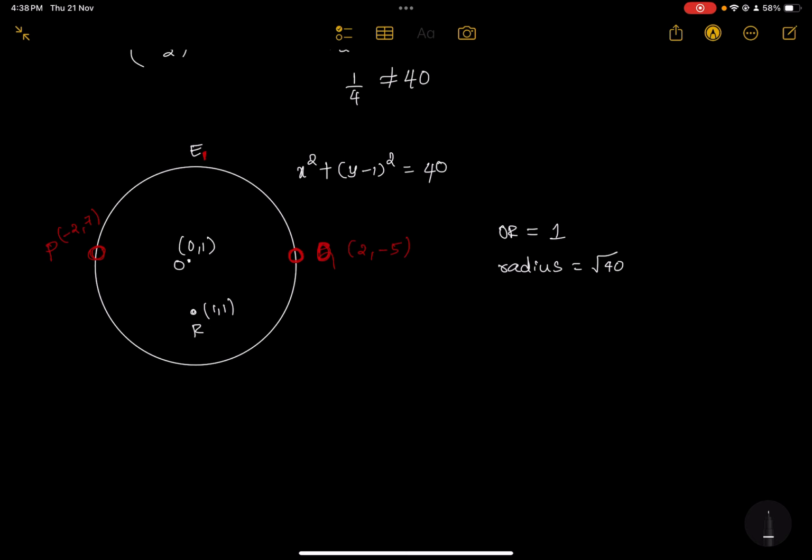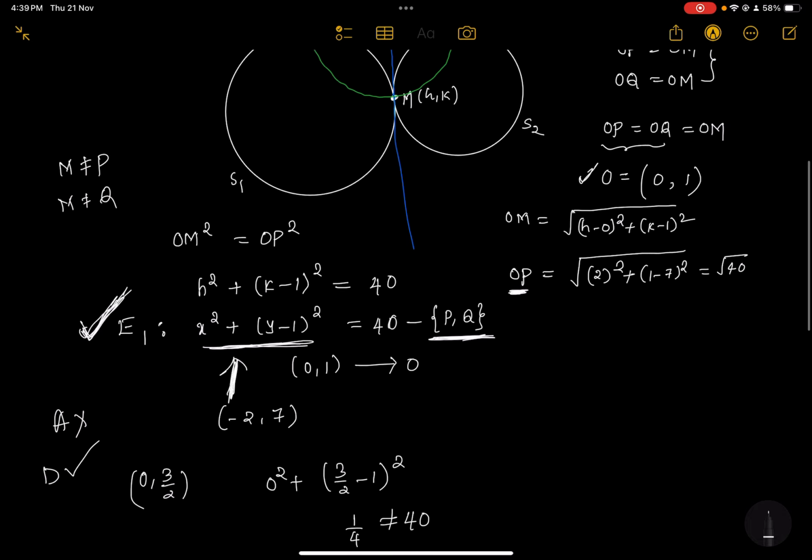Now we have to draw chords passing through R, through 2 distinct points on the circle. We have to draw such line segments. All these line segments will form F2. So this can be one more line segment that will be there in F2, and this can be one more line segment that is there in F2.